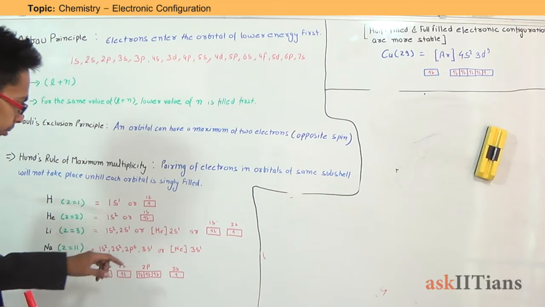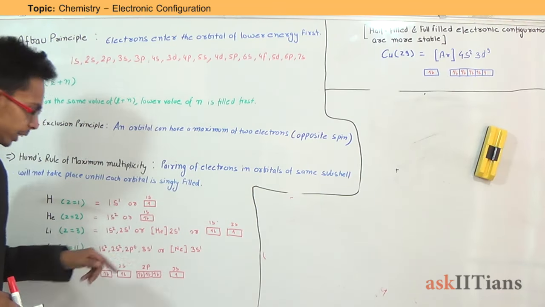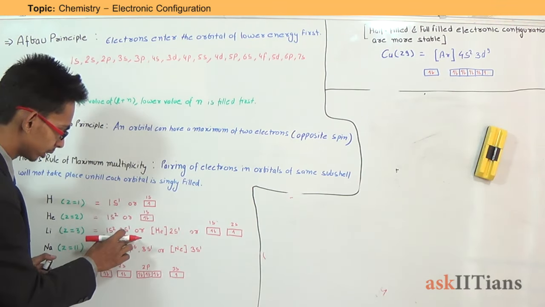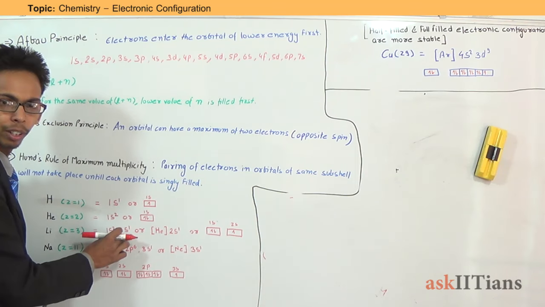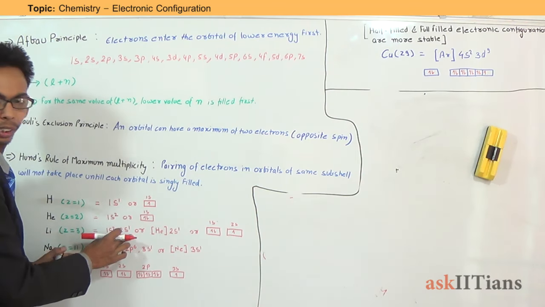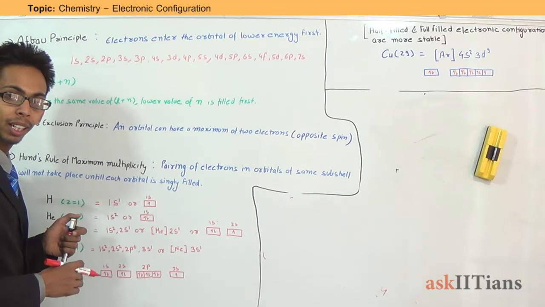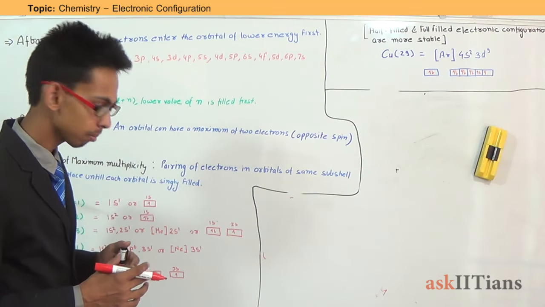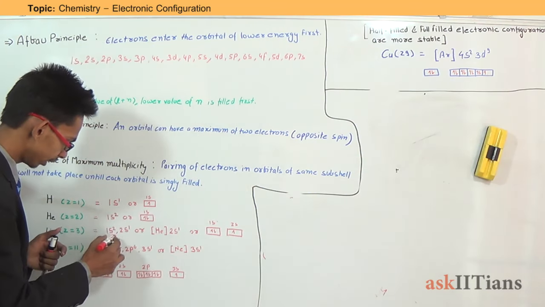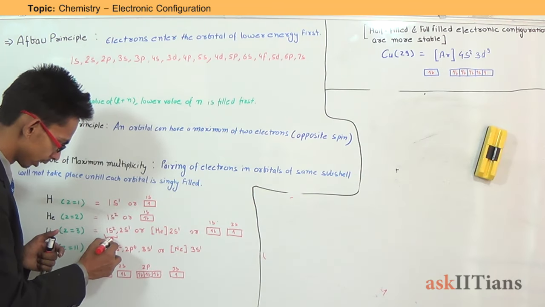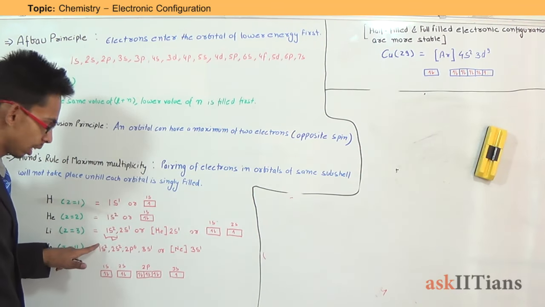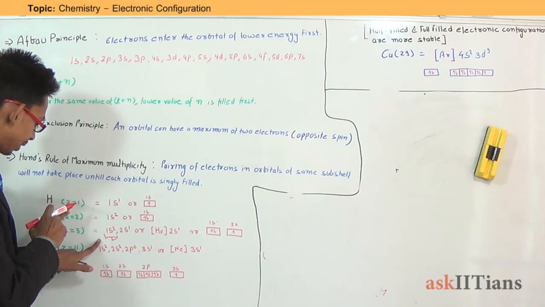Or there is another way. We can write the electronic configuration of a particular element in short form. Helium is a noble gas. This part represents a noble gas configuration, the configuration of helium.